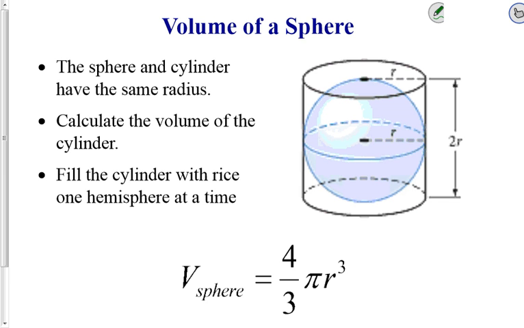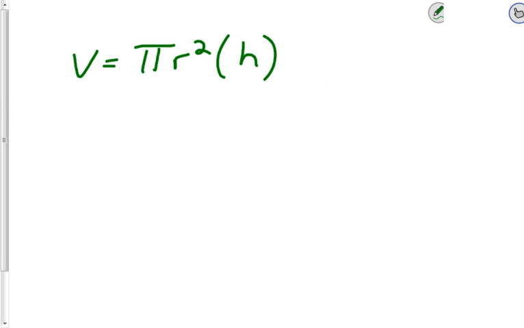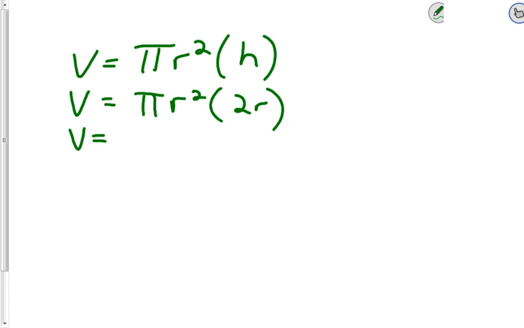Well, if we go back to this diagram, the height is 2r, and the radius is r, so we're finding the volume in terms of the radius. So I'm going to plug into this pi r squared times 2r, and I multiply, and the volume of that cylinder is going to be 2 pi r cubed.